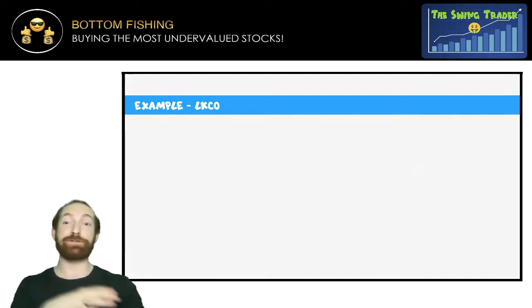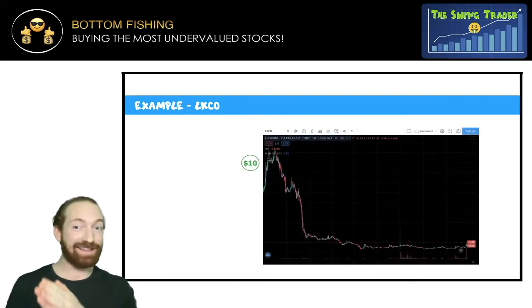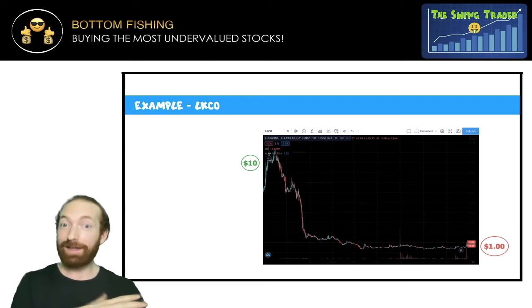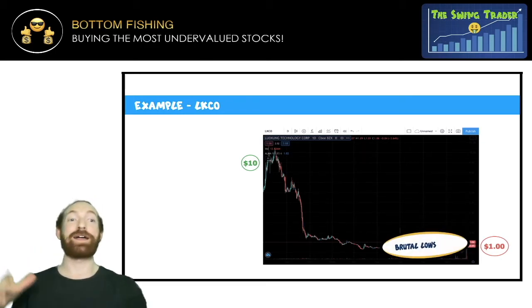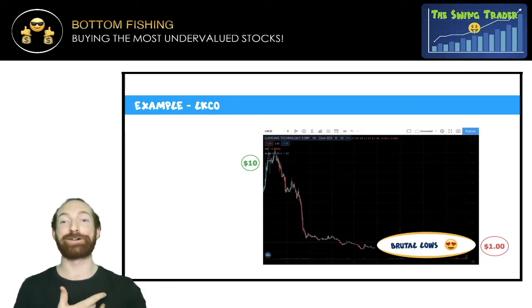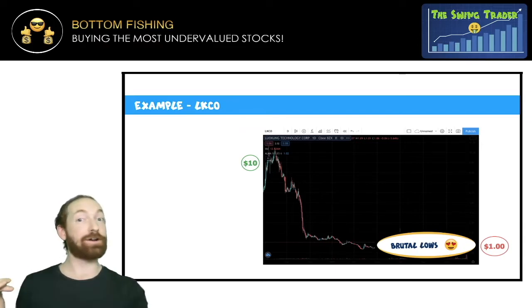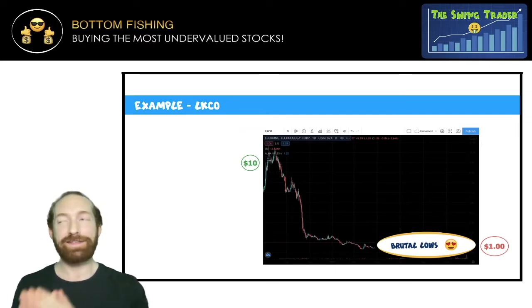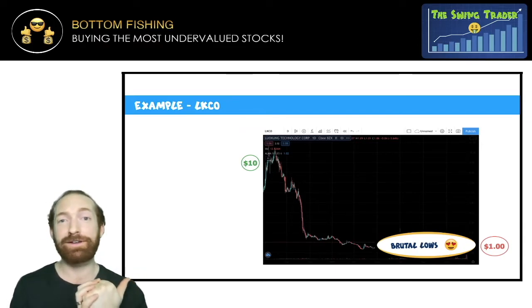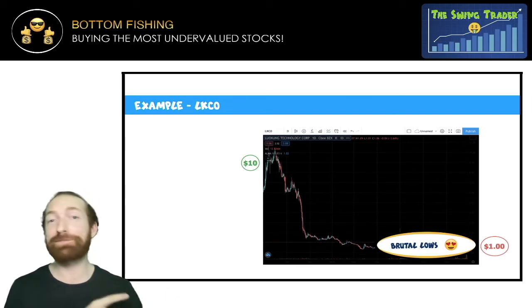Taking a bit of a shorter-term view, back in 2019, the stock was around 10 bucks. Again, now floating around $1. So this is what you could describe as brutal lows. Which sounds and looks kind of terrifying, but I can assure you, this is something that we're very interested in, because we're bargain hunting here, folks, and this puppy's on sale.